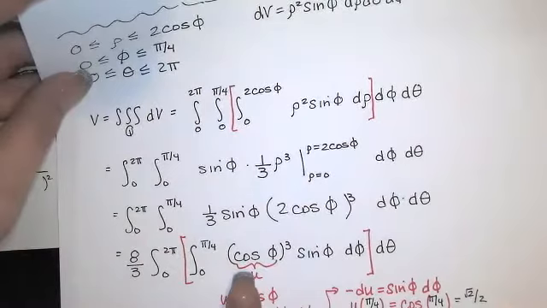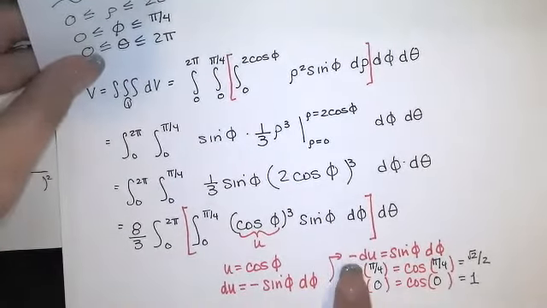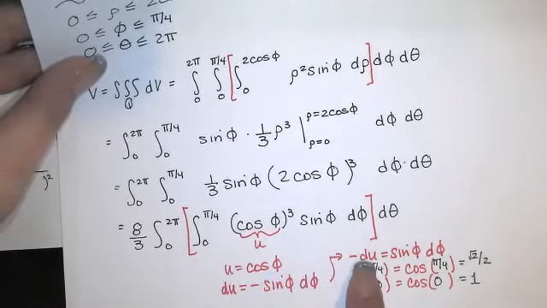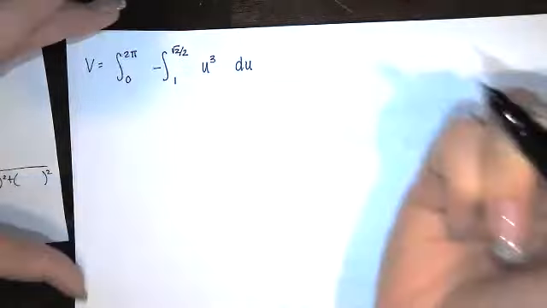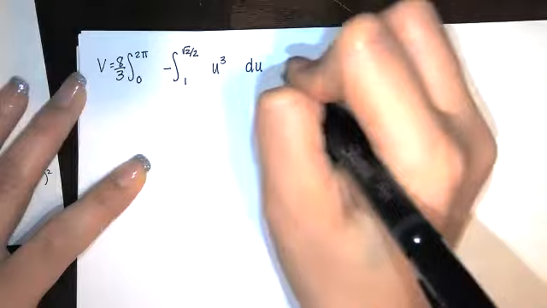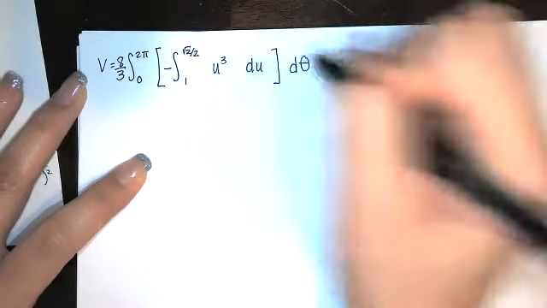Then I have u cubed, and sine of phi d phi is negative du. So I have a negative du times u cubed. And don't forget that 8/3, it's still there. And we're evaluating all of this.